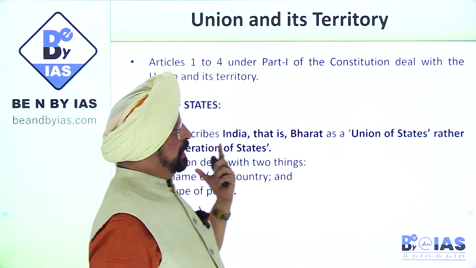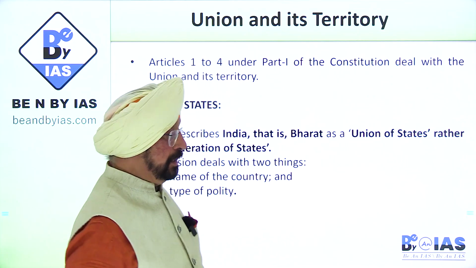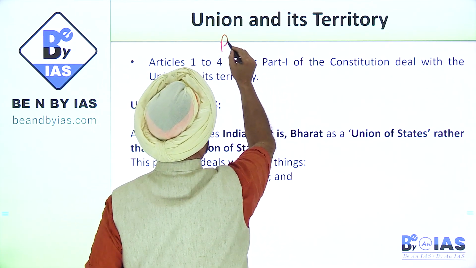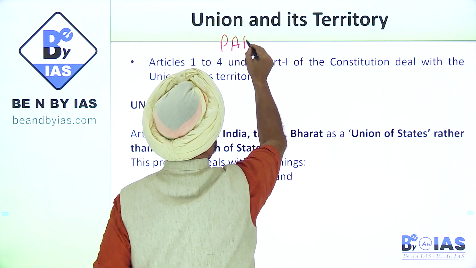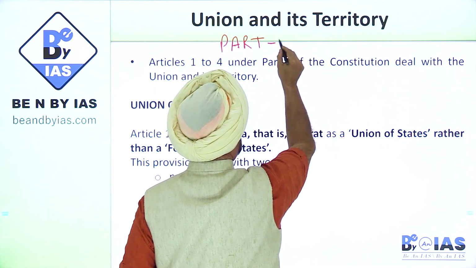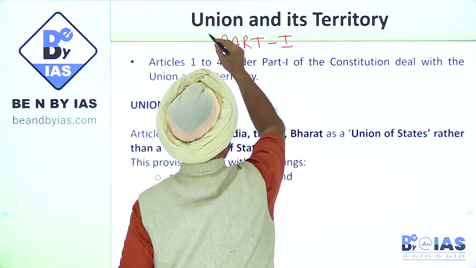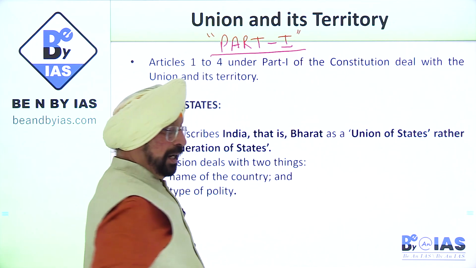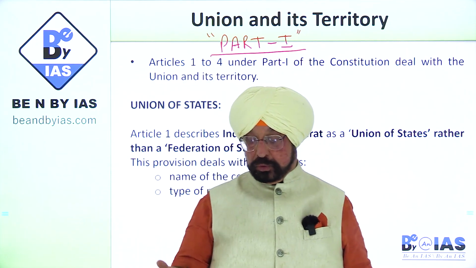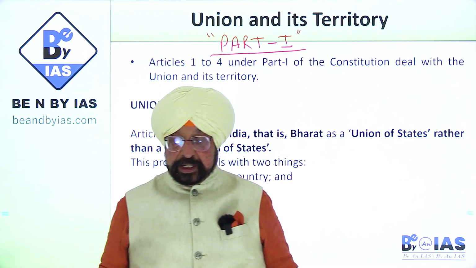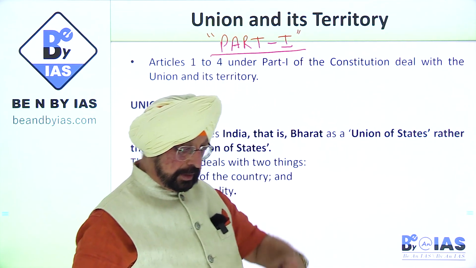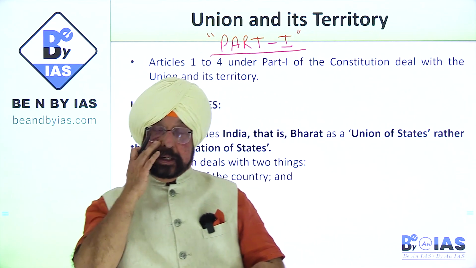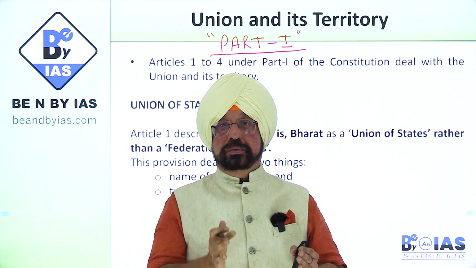Union and its territory. This part is actually part 1 of the Constitution. This is the first part. Now, what happens when a new statute comes? It will define, other than the preamble and the statement of objects, etc. The first thing, it will give you a title.